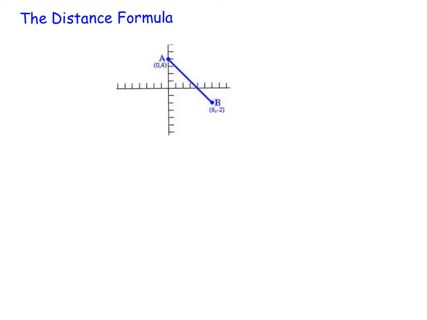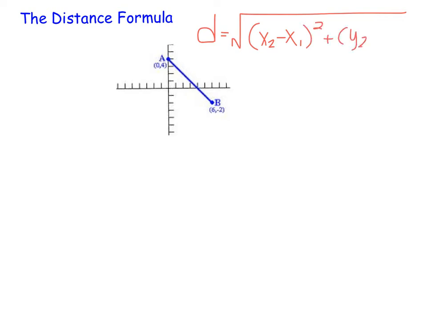Okay, so we're going to start off with the distance formula, and the distance formula uses 2 points and is as follows. So the distance between 2 points is equal to the square root of the difference between the two x-coordinates squared plus the distance between the two y-coordinates squared.